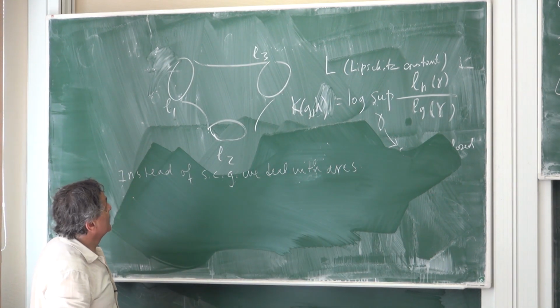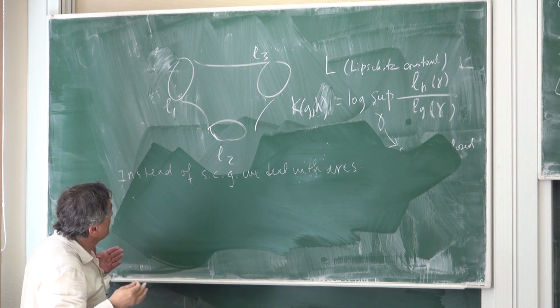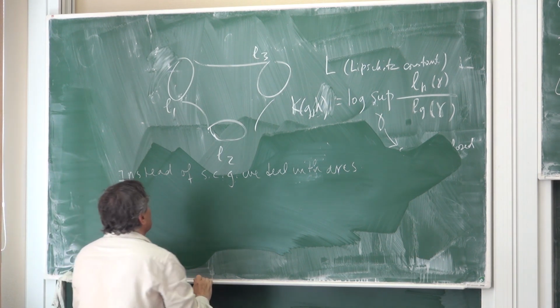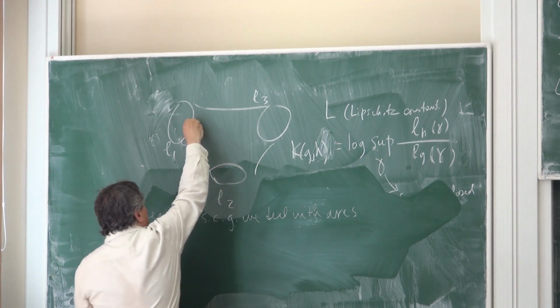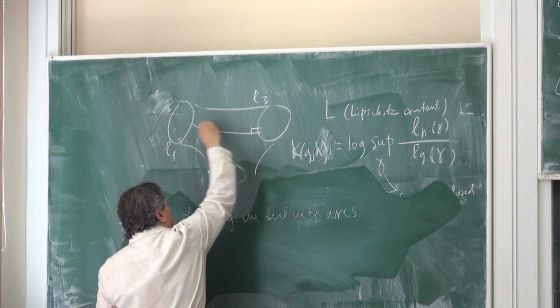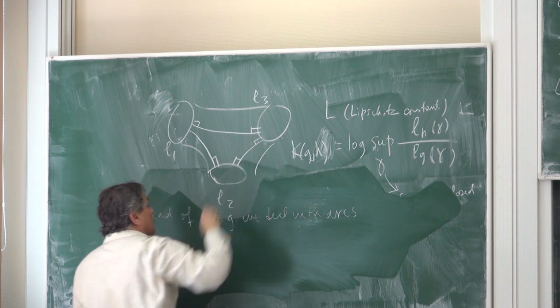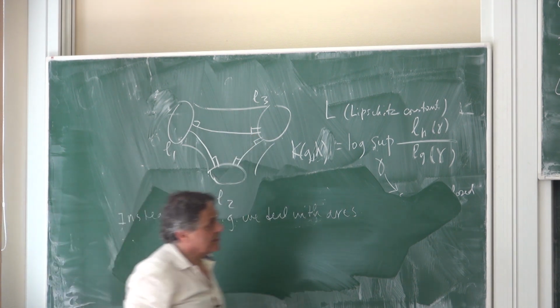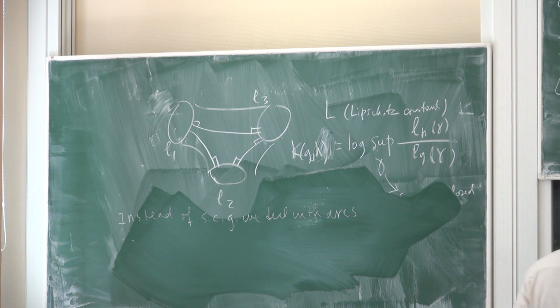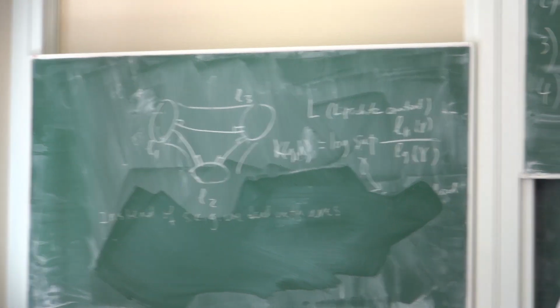So instead of considering the simple closed geodesic in this surface, we deal with arcs like this one, or this one here, or this one here. I drew them in this special case, but here I have all these arcs like this, and another arc here.